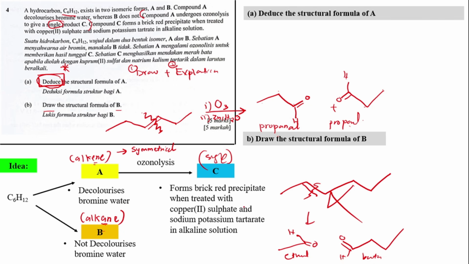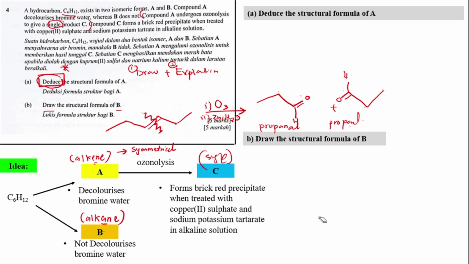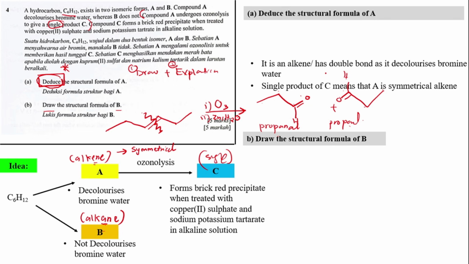And then what is meant by this statement here, a brick red precipitate bila react dengan copper sulfate and sodium potassium tartrate in an alkaline solution, is that the product here is an aldehyde, because it gives a positive result to the Fehling test. So we know that our answer here is correct. We're going to draw the structure of A properly. I know that it is an alkene, has a double bond, because it decolorizes bromine water.